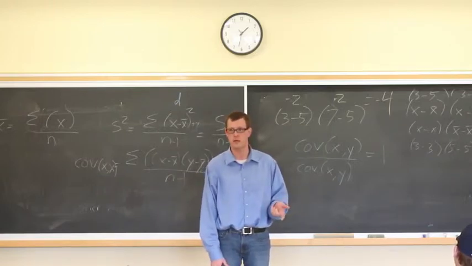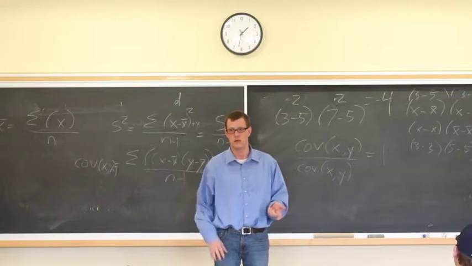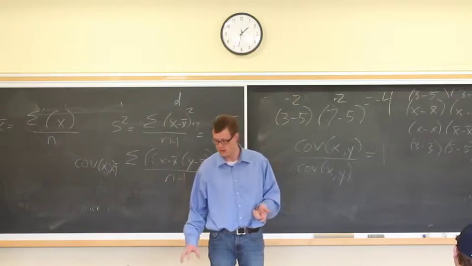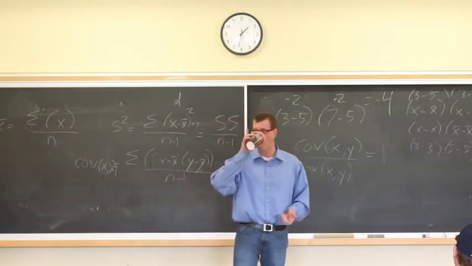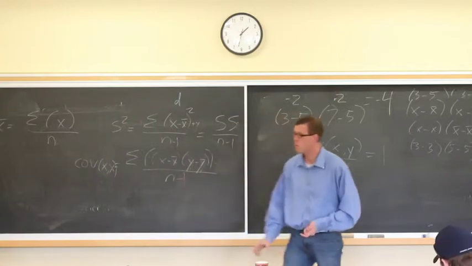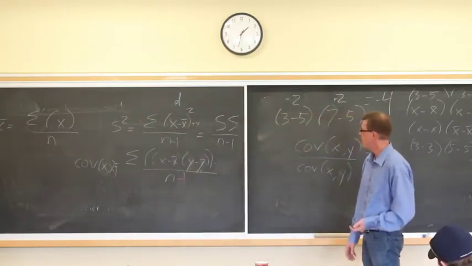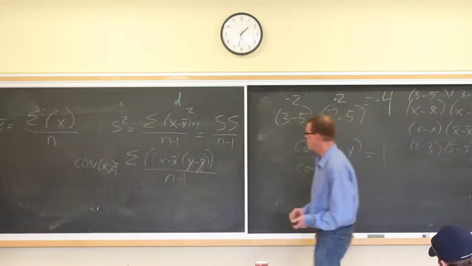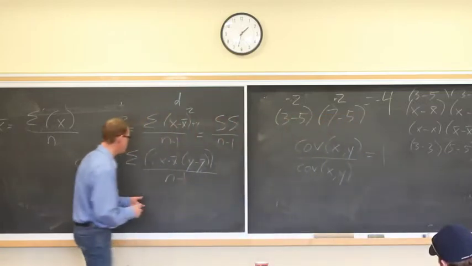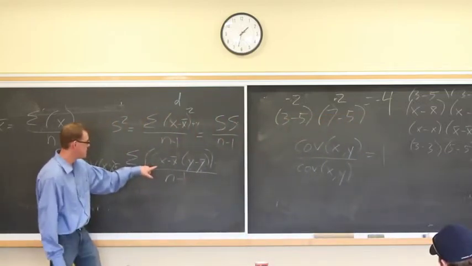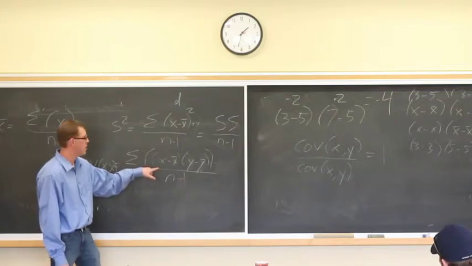Anyone have any other ideas? Should be the covariance of what you're trying to find for, like this problem right here, over the one for itself. The covariance, I'm sorry, could you say that again? So you got this problem over the one for itself.